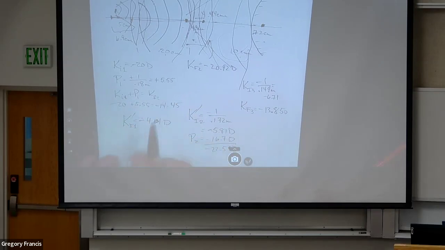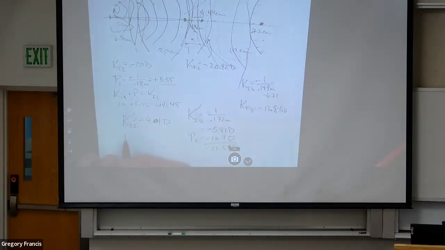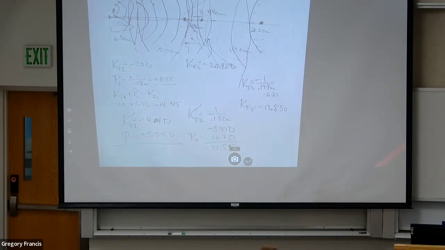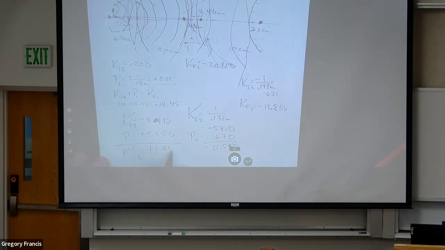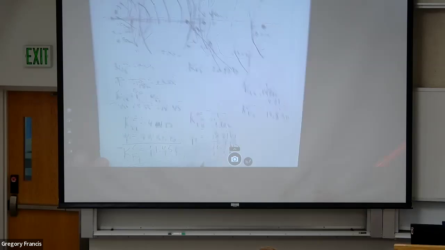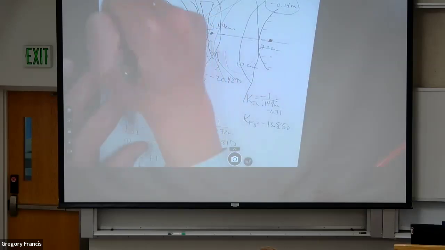Okay, and then we said that the power of this was a plus. Oh, look at this. The power is a plus 5.55. Oh, come home to mama. We have a K final 1 prime of positive 1.45. Good, 1 out.